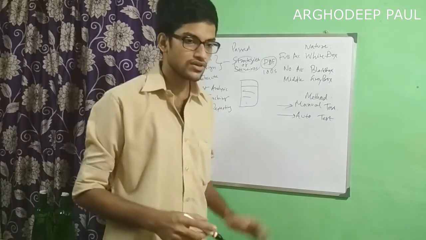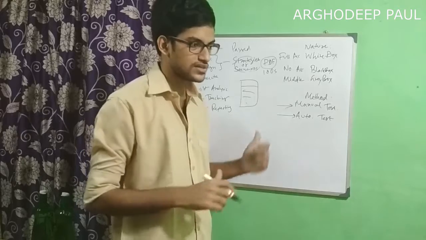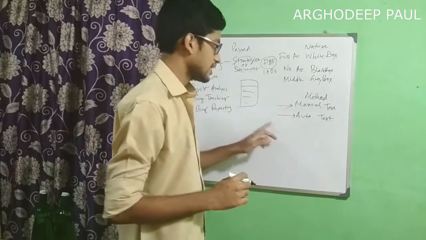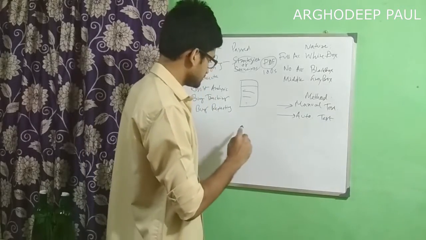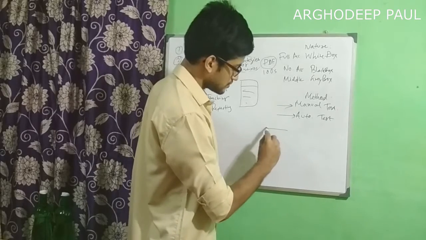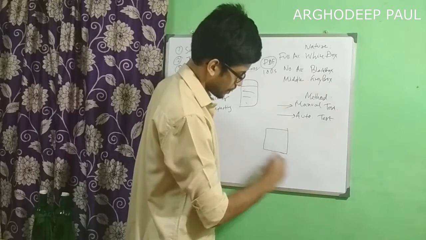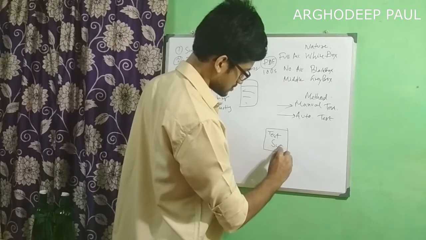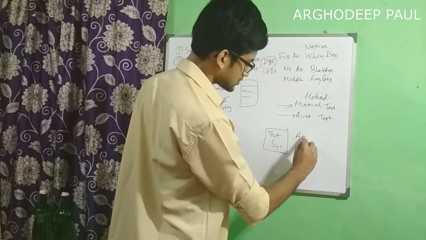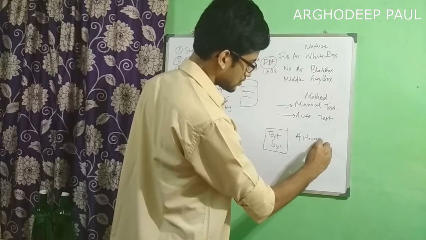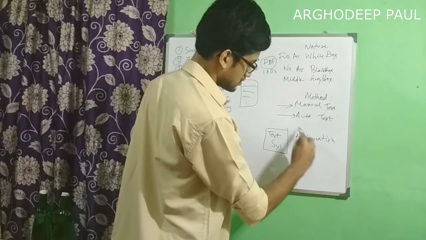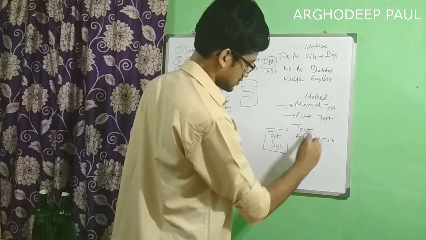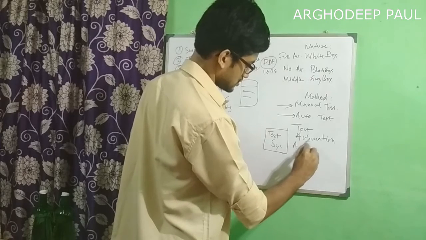In the automatic test, we are not testing the application as an end user. Rather than doing that, we are using some testing system. Test system is also known as test automation or automated test.